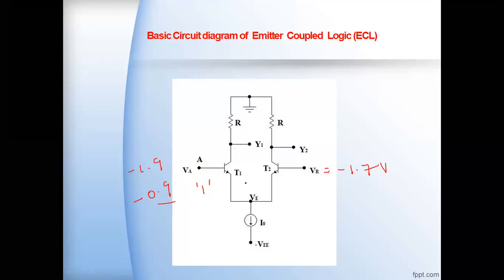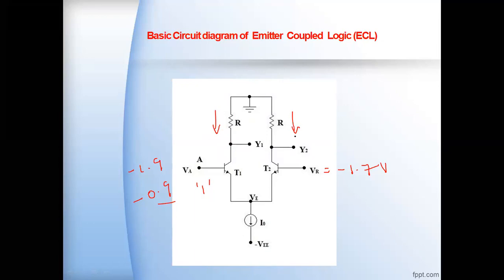So now which transistor conducts more here? The transistor T1 conducts more and the transistor T2 conducts less here. Therefore, more current is now flowing in the T1 transistor, and less current will flow in the T2 transistor. Because of this more current, there will be more voltage drop across the resistor, that will be the output at Y1.